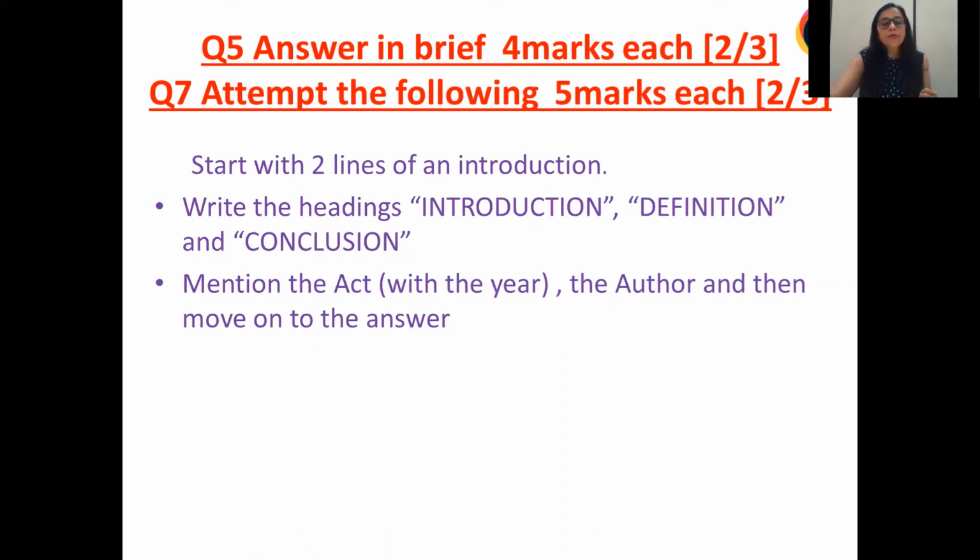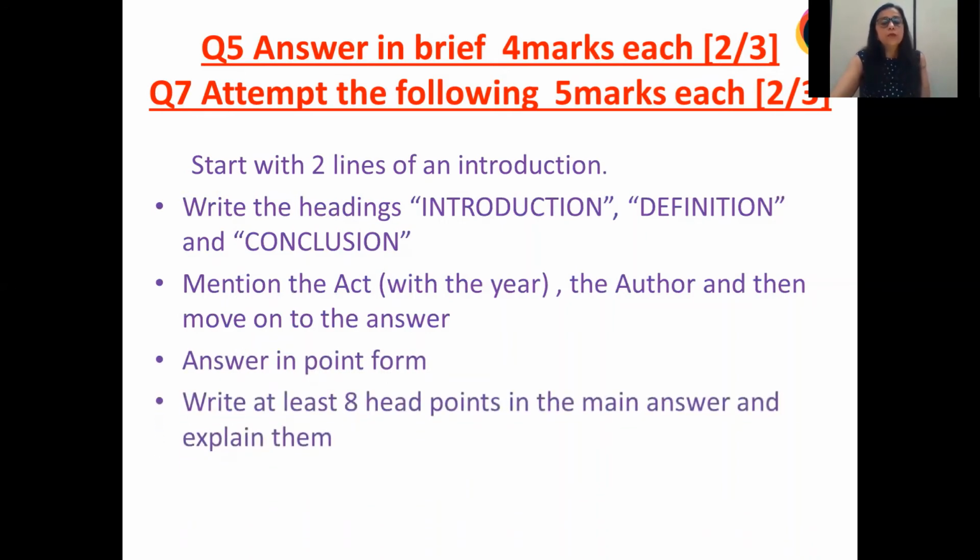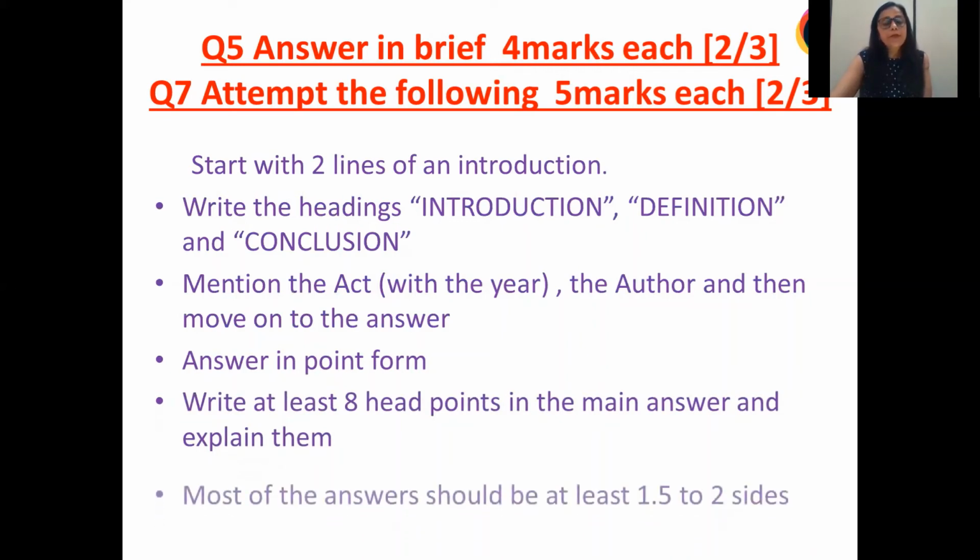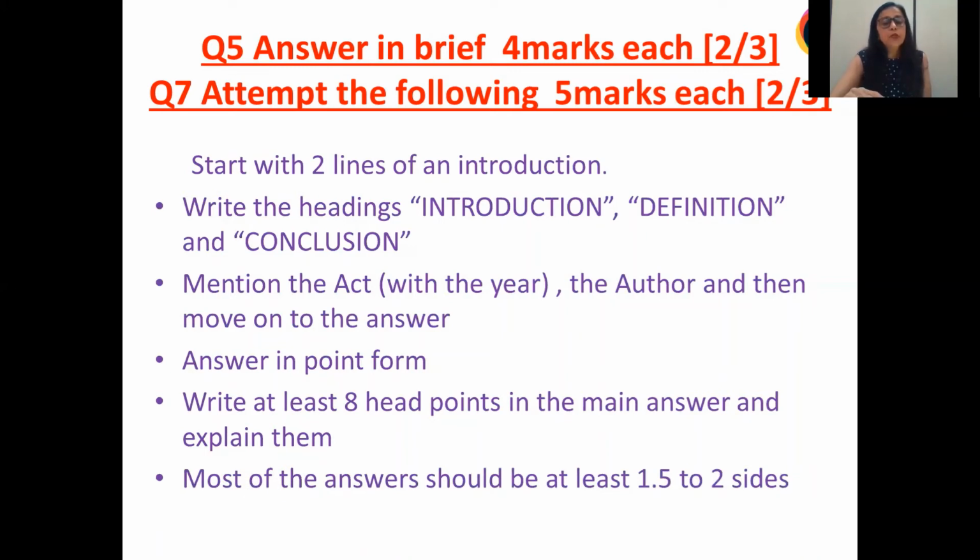Apart from this, we see that teachers are always used to checking answers in OCM in point form. Try and see if you can squeeze in 8 head points in the main answer. Explain them maybe in your own words, but use of commercial terms is definitely expected. Writing in your own words doesn't mean that you're going to skip the technical terms.